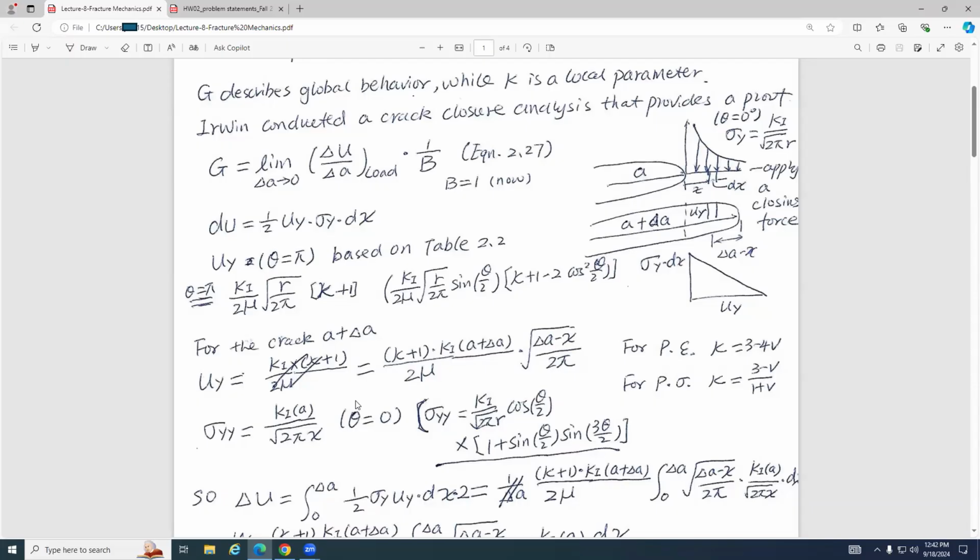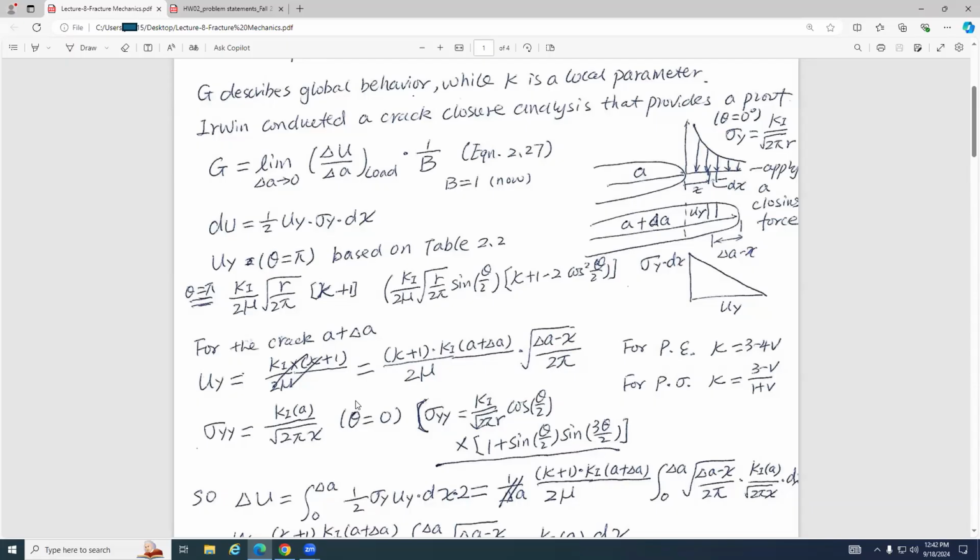That's the reason I have it here. So you said that delta A minus x is R? Right, this is my crack tip. Delta A minus x is the R for my new crack.